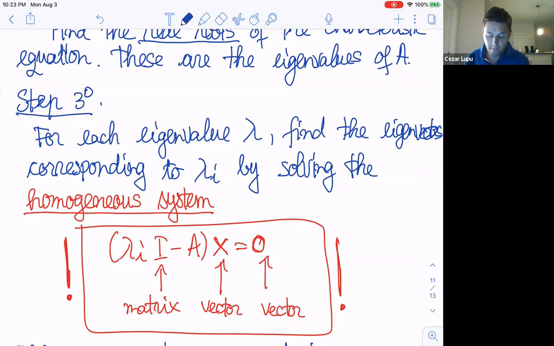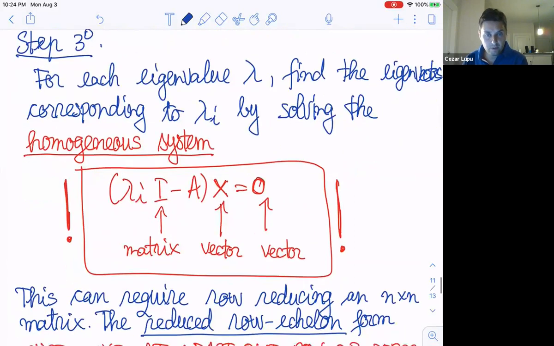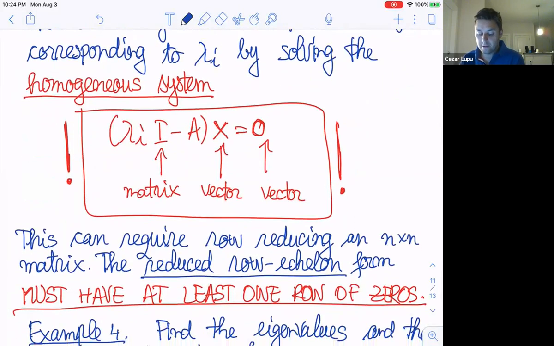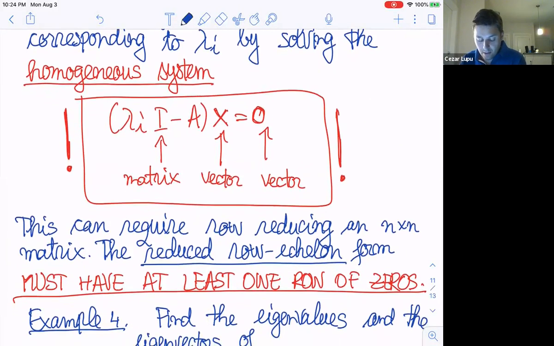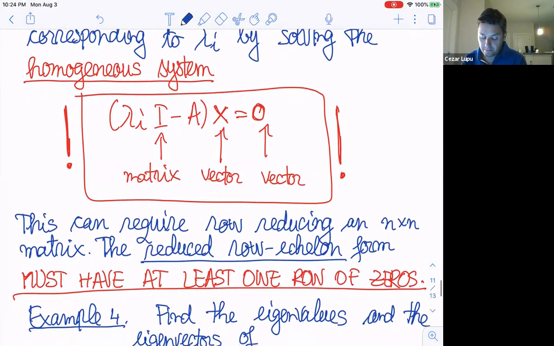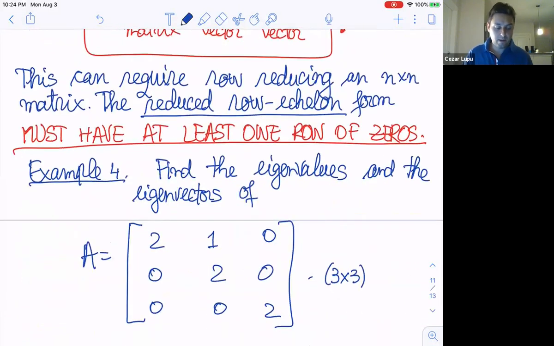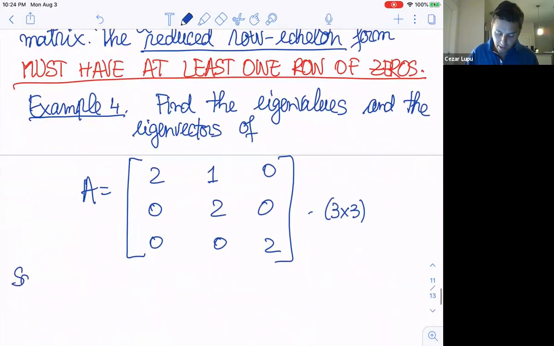This will require row reducing an n by n matrix, and the reduced row echelon form must have at least one row of zeros.